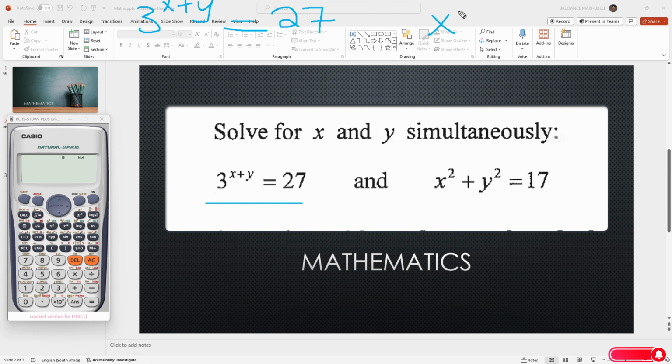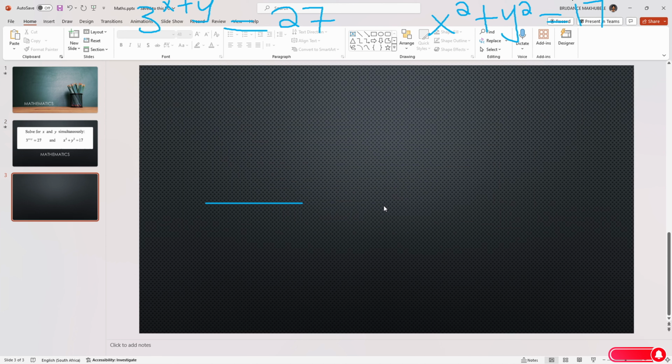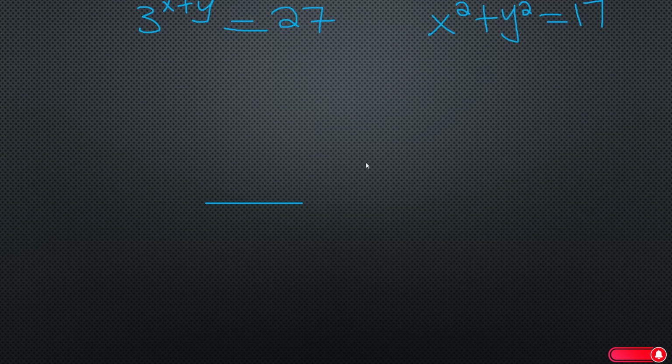And then the other one says x squared plus y squared is equal to 17. So I'm going to change the board so that you can follow the session.